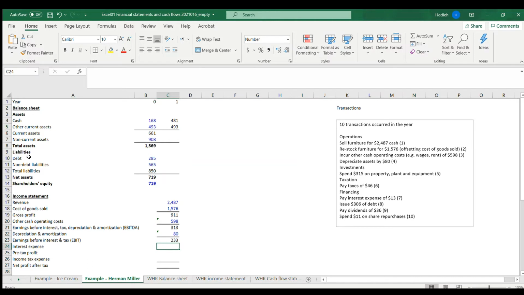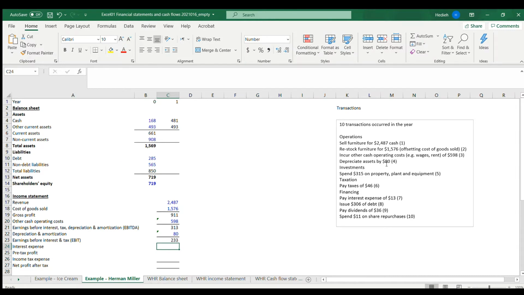We should consider the effect of depreciation on the balance sheet. As I told you, the assets on the balance sheet are reported on the basis of net book value, in other words, book value minus the depreciation of that asset.